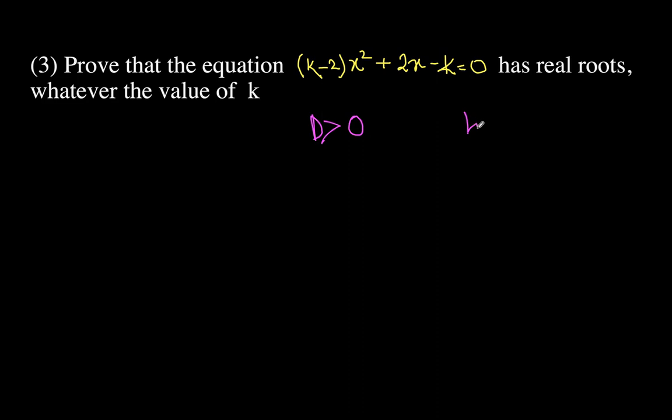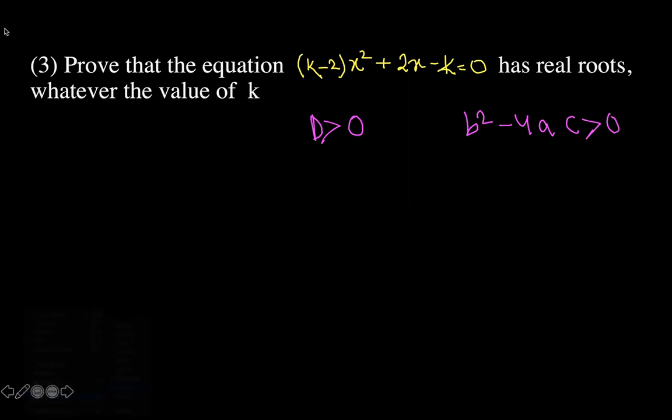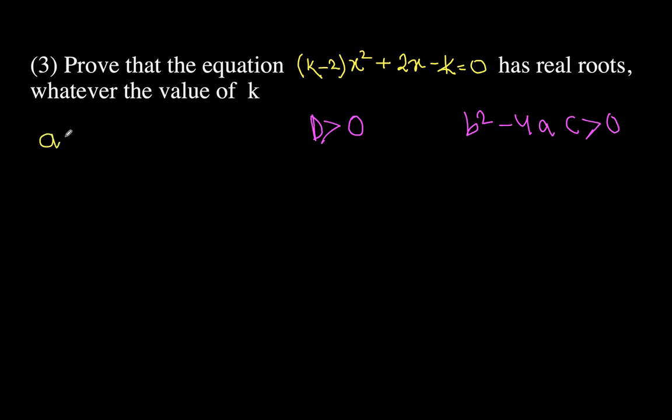This is your condition. Or you can write b square minus 4ac has to be greater than 0. So okay, let's find what is your a. If you see the question, your a is k minus 2, your b is just 2, and your c is minus k.